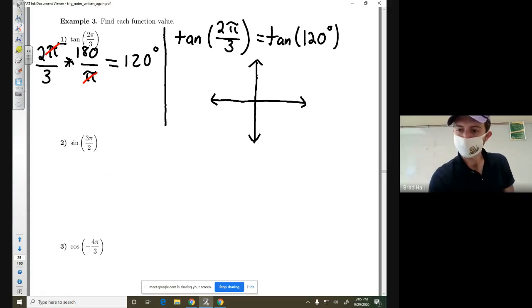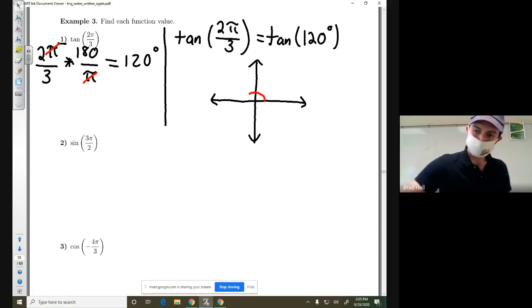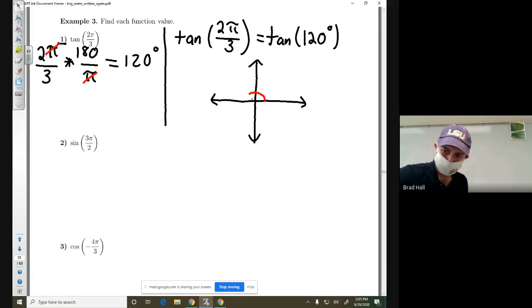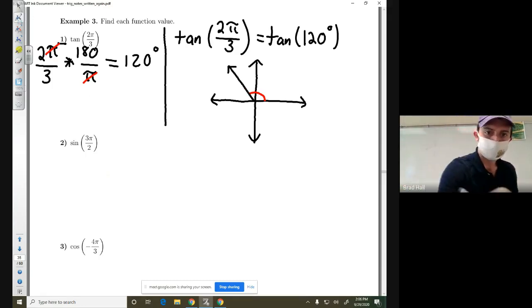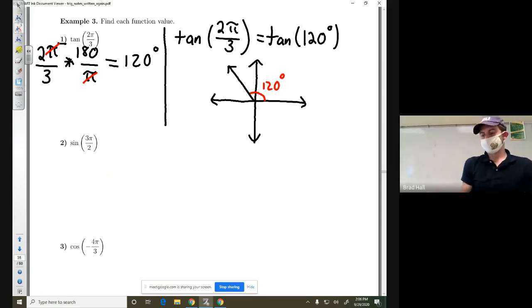So 120 degrees, this would be 90, and a little bit further to get to 120, because too far and we'd hit 180. Then hopefully it should be familiar from here what to do.